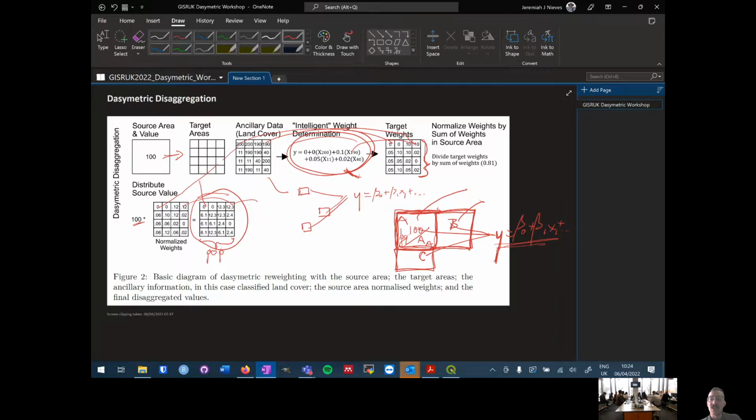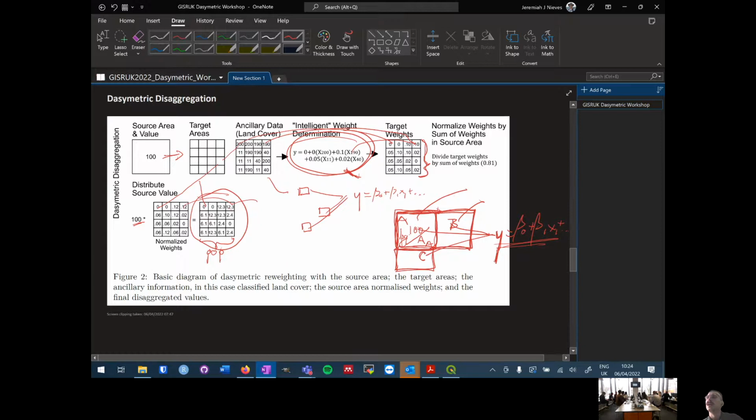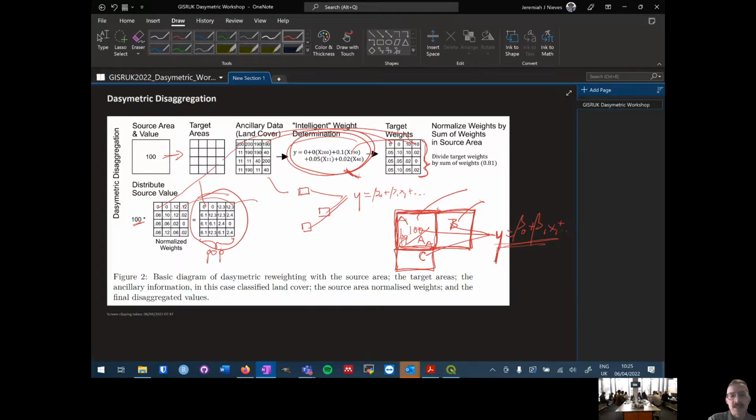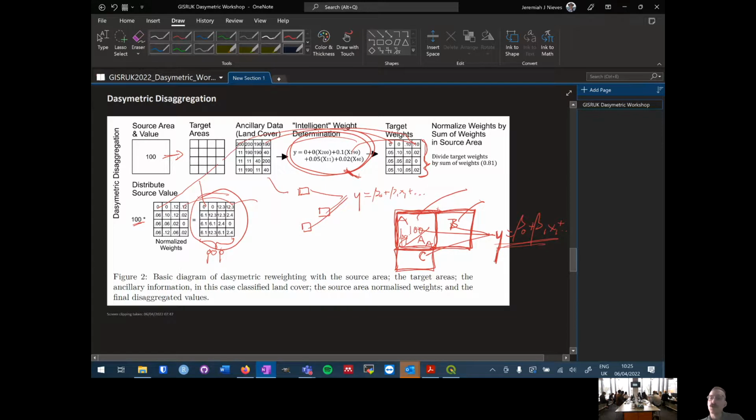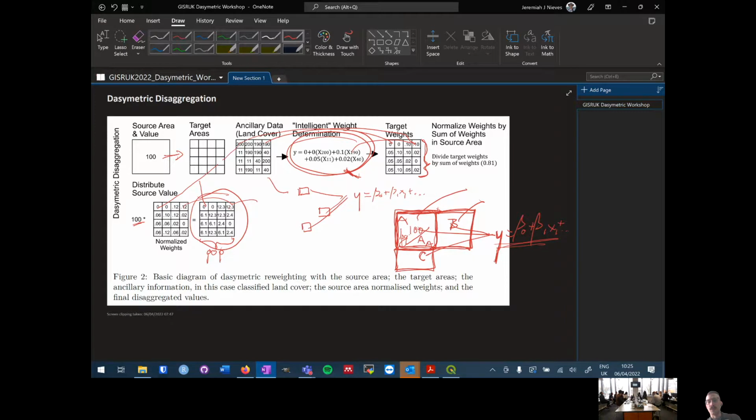And the general vague answer is, well, it depends on your application, because the benefit of having a pixel level resolution of a certain value is, can it be aggregated up to some intermediate unit that's not the source area, but is useful for your application? And the more you aggregate this up to a resolution that's closer to your source area, you're also taking advantage of the modifiable areal unit problem in aggregating some of the uncertainties and hoping that the pluses and minuses cancel out a bit.